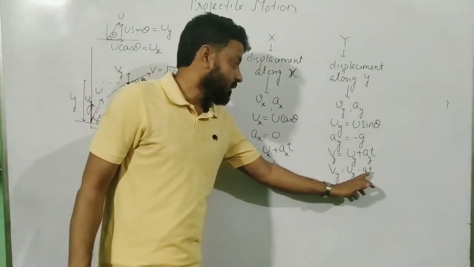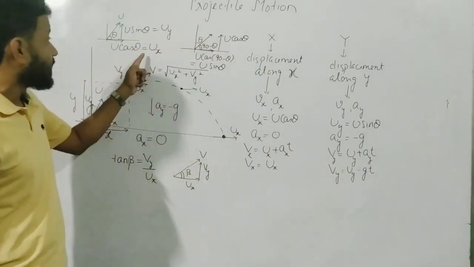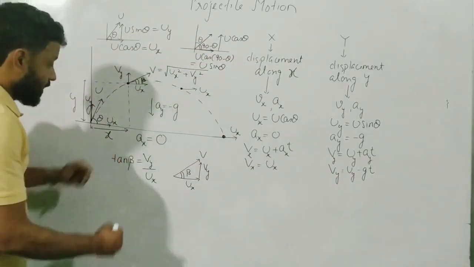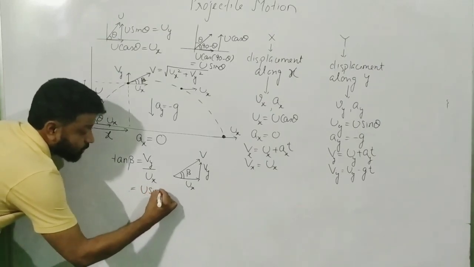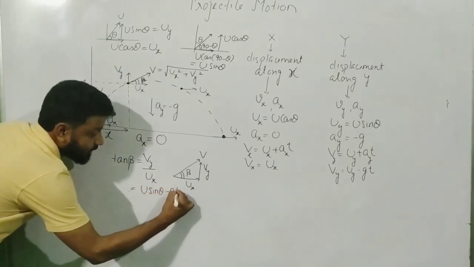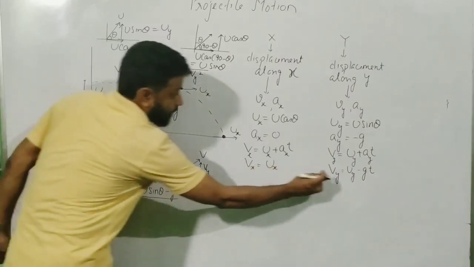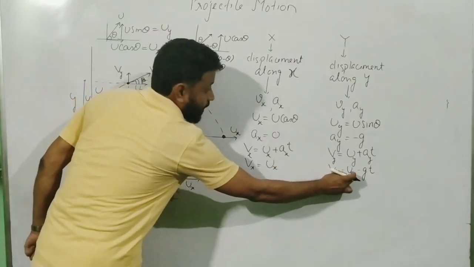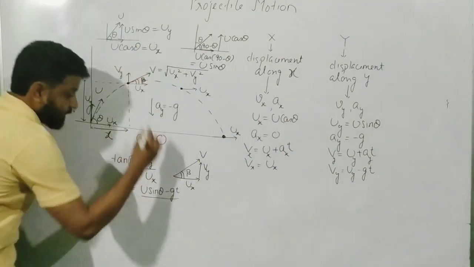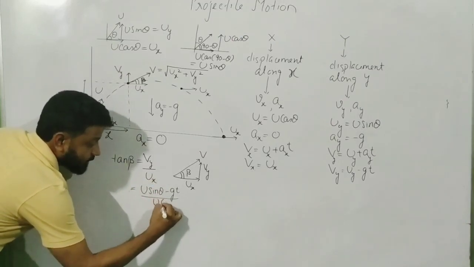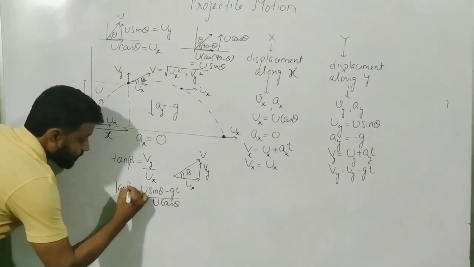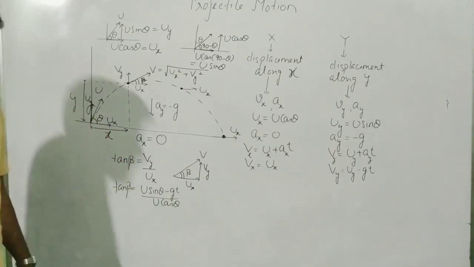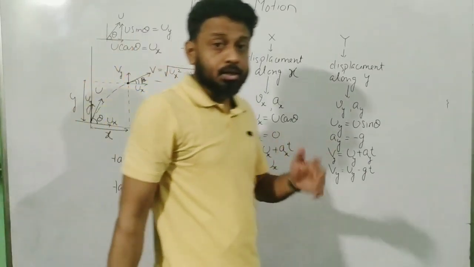Vy is Uy minus Gt, and Uy is U sin theta. So tan beta is U sin theta minus Gt, that is the value of Vy, divided by Ux, and Ux is U cos theta. So I can find the angle the velocity is going to make at any instant of time.